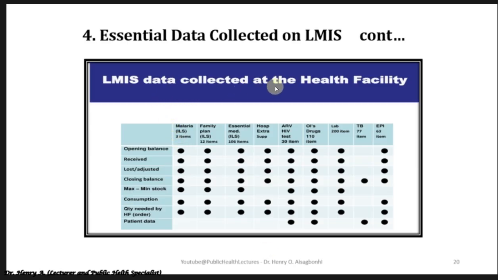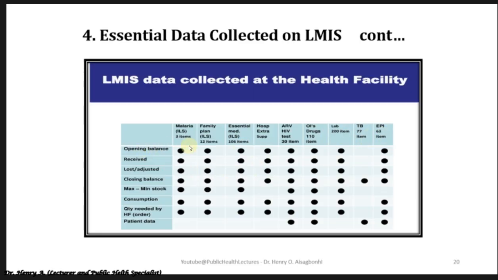LMIS data collected at the health facility. You can see malaria, family planning, essential medicine, hospital extra supplements, ARV, HIV treatment drugs, other drugs, laboratory reagents, tuberculosis, and all that, the drugs, and so many.